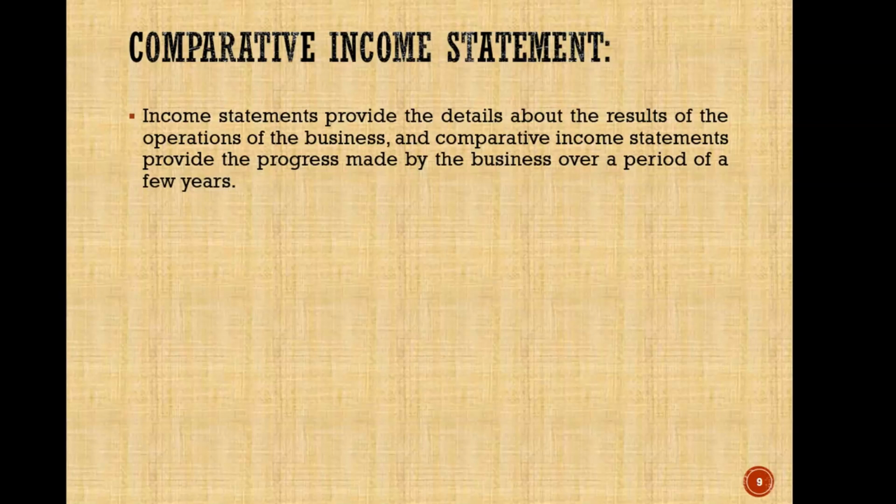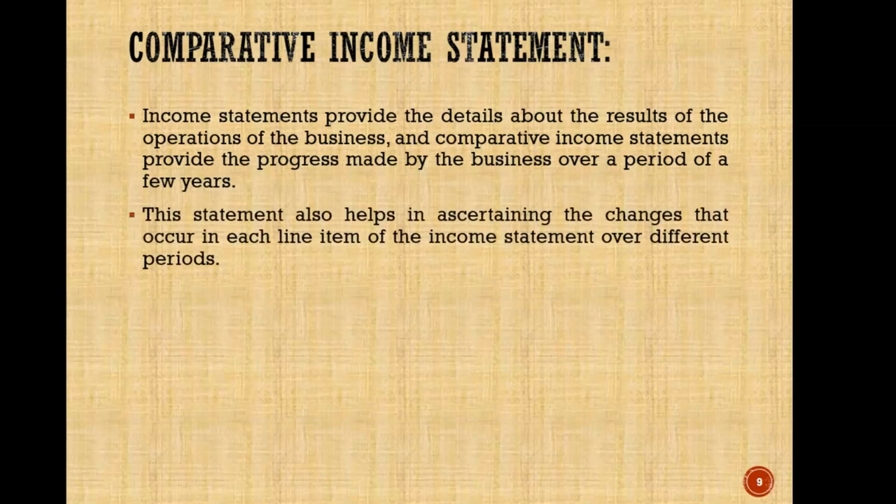That is, this is a statement where we can see how much income the firm has earned and what are the different expenses incurred by the organization. And comparative income statement provides the progress made by the business over a period of time or a few years. This statement also helps in ascertaining the changes that occur in each line item of the income statement over different periods.